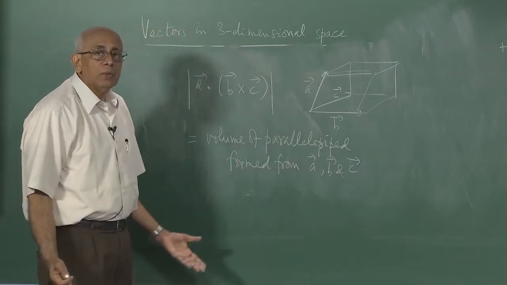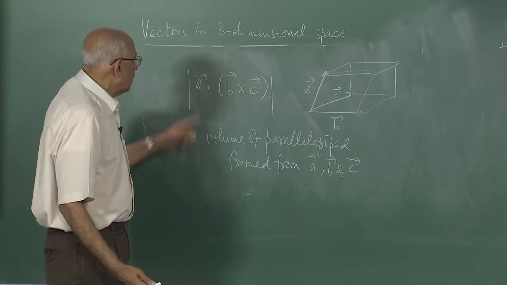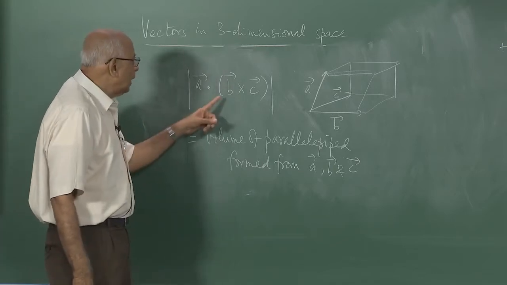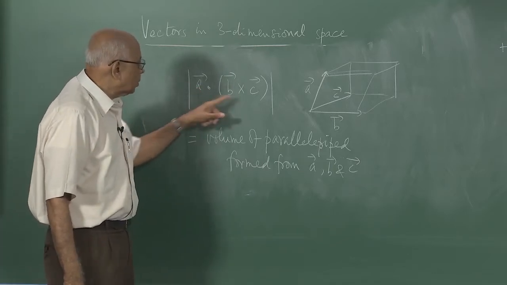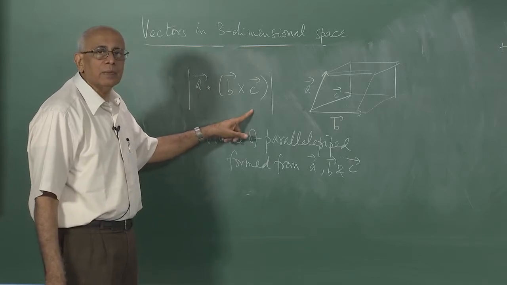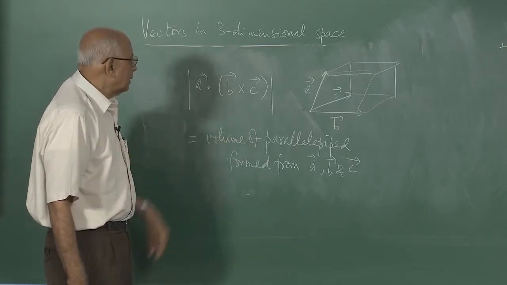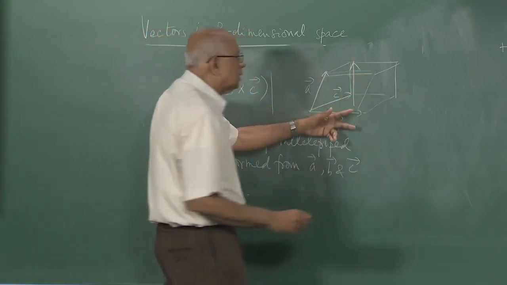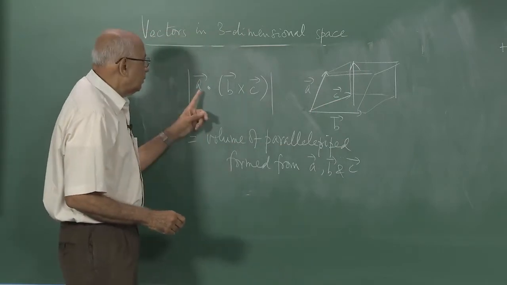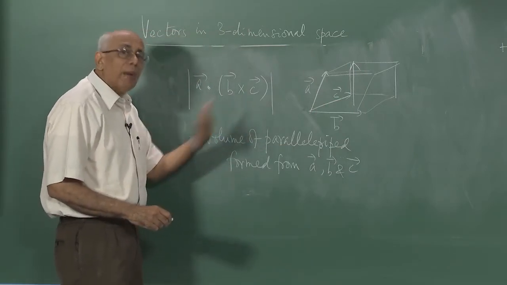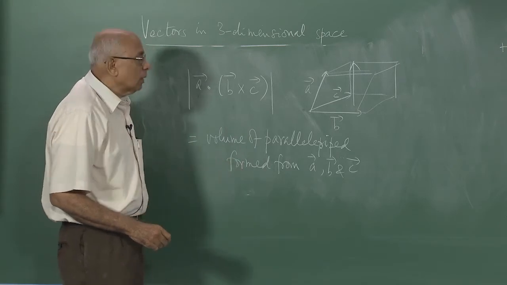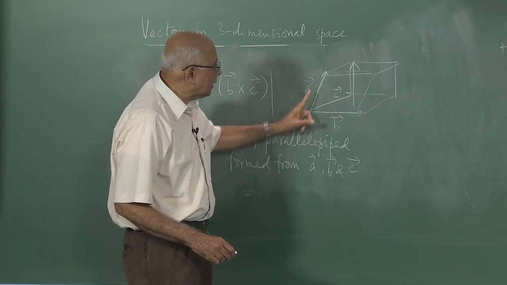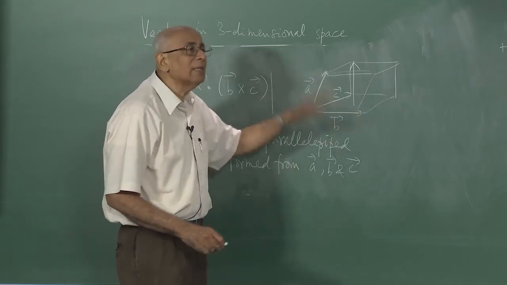And when would it be 0? It would clearly be 0 if this dot product vanished. And when would it vanish? It would vanish if this vector was perpendicular to the vector B cross C. But what does that mean? B cross C is in a plane normal to the plane formed by B and C, and if this vector is perpendicular to it, it means it is back in the plane formed by B and C. So it is equivalent to saying that I have a parallelepiped in which the third vector, instead of sticking out of the plane formed by the first two, is in the plane itself.